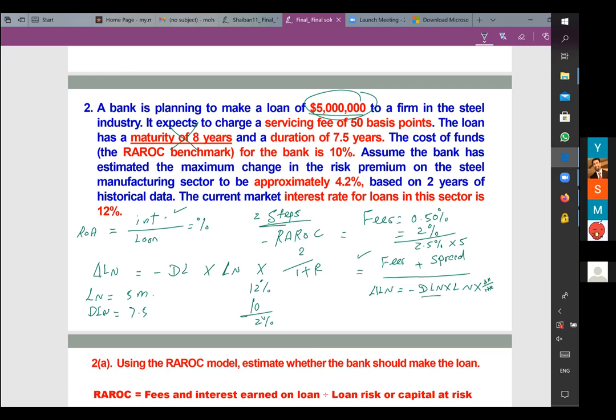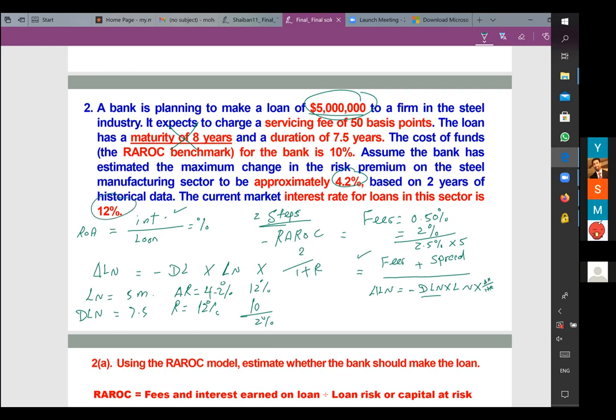Now I need only to calculate this area, which is the risk. So I have the loan, and the duration of the loan. What else do I have? I have the change in R, which is actually 4.2%, and I have the R, which is 12%.